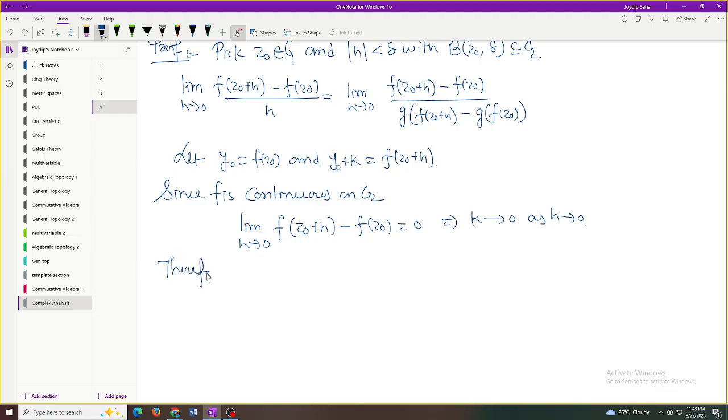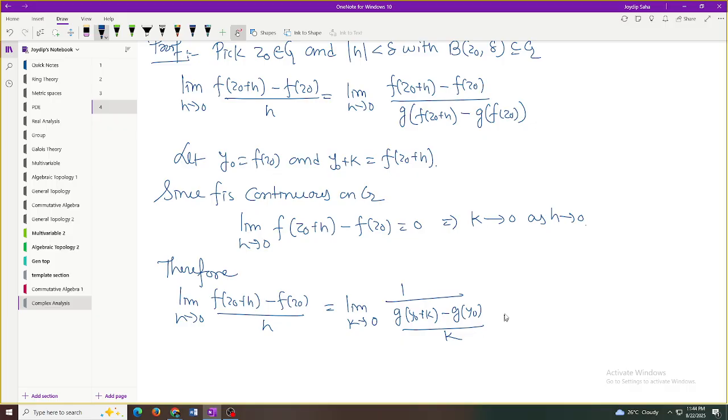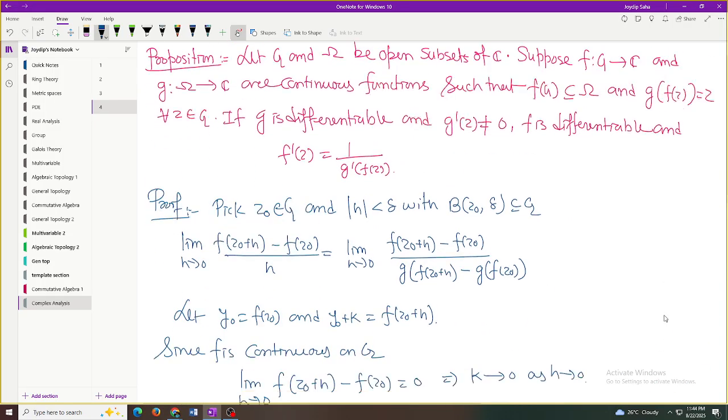Therefore, limit as k tends to 0, by g is differentiable on omega, the limit exists and g dash z is not 0.